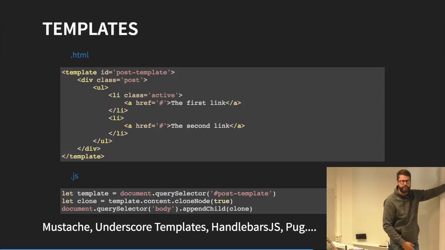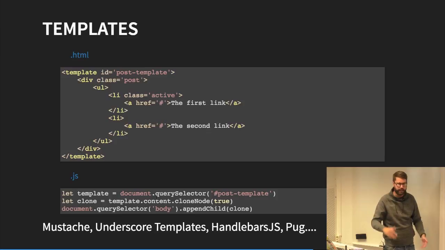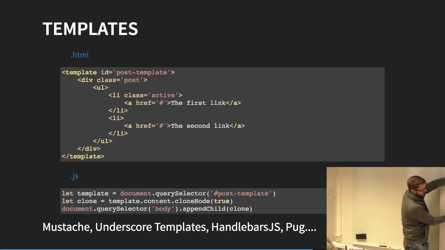I don't want to clone the template itself. I only want the content inside of the template. Otherwise, if I insert this template on another page, it will never render. So I need the content inside of the template. I could probably do template.firstElementChild.cloneNode(true), because we want a deep copy. We want to copy everything inside of this div.